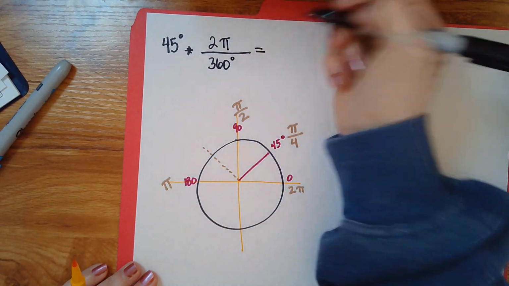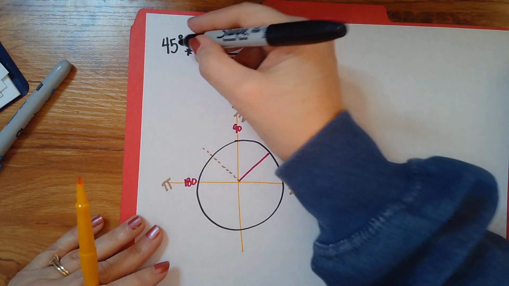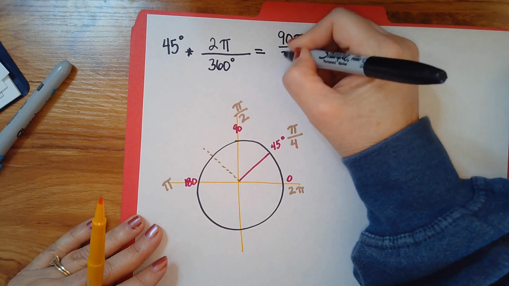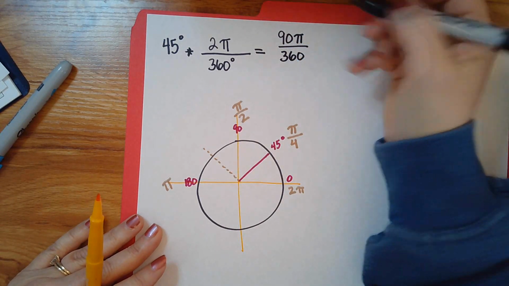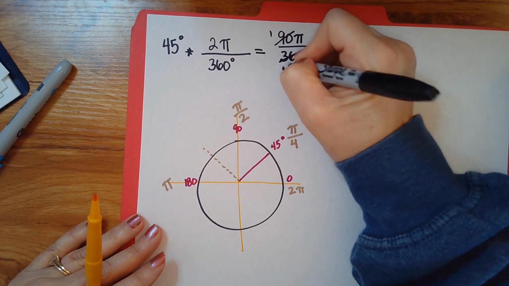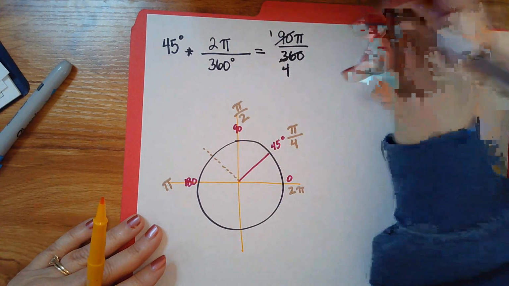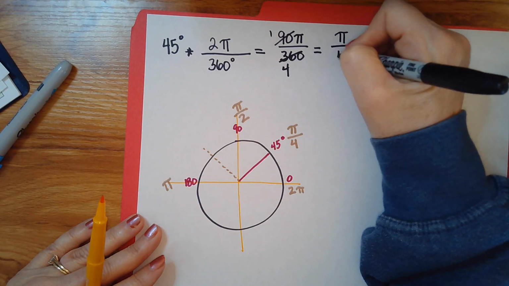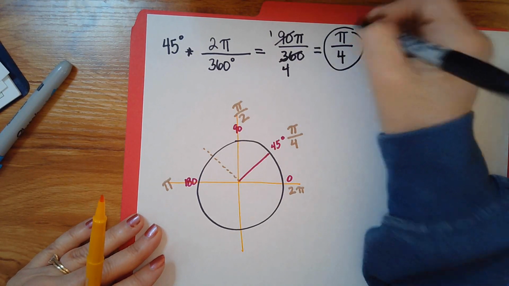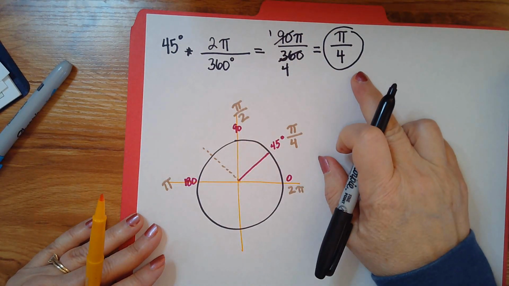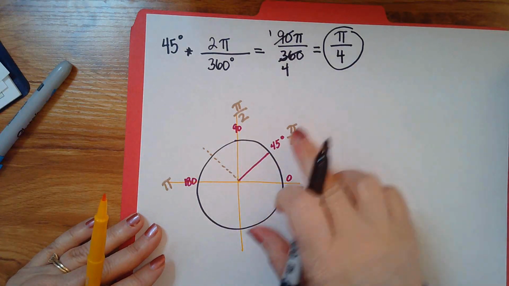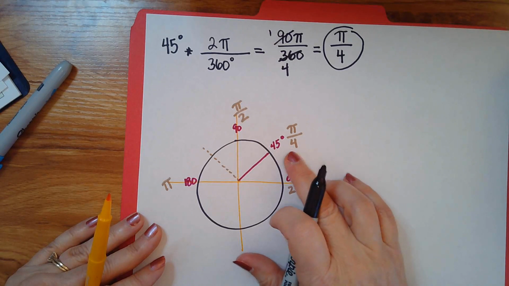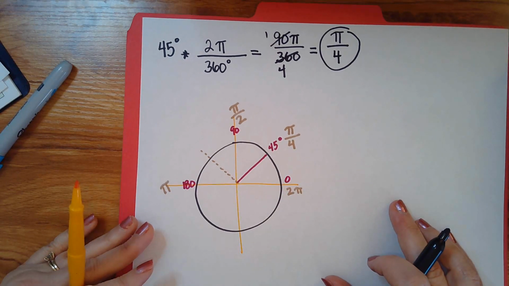And if I do that, and I do this math, I get 90 pi on top and 360 on the bottom. But just like always in math with fractions, it has to be in lowest terms. So this is 1 pi, or just pi, over 4. So 45 degrees is the same as pi over 4 radians, which is, by the way, exactly what we got when we just did it visually like this.